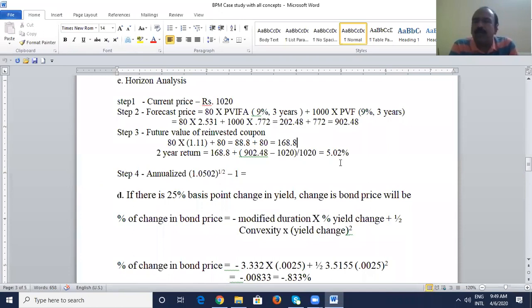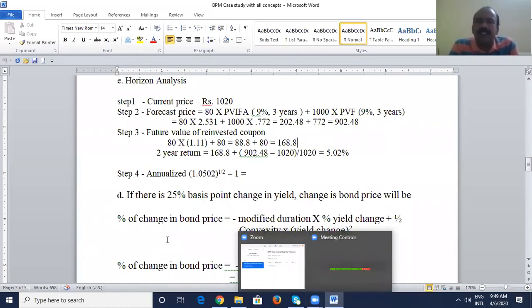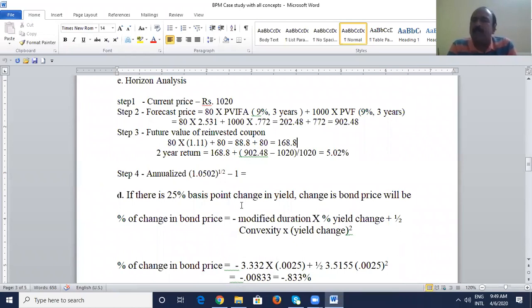When the convexity is not given, you can use the previous one, that is minus modified duration into change in yield. So if convexity is asked, then I have to use this equation. Yes, correct. Okay, sir.